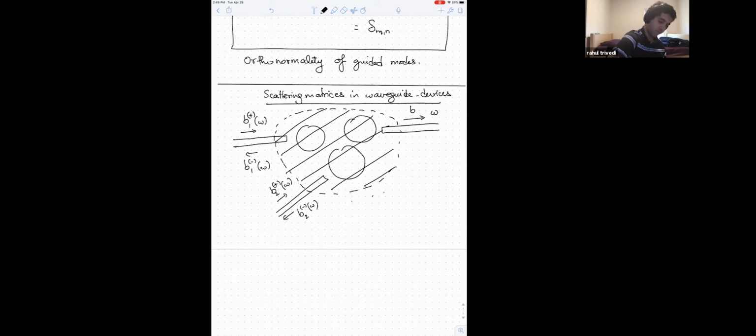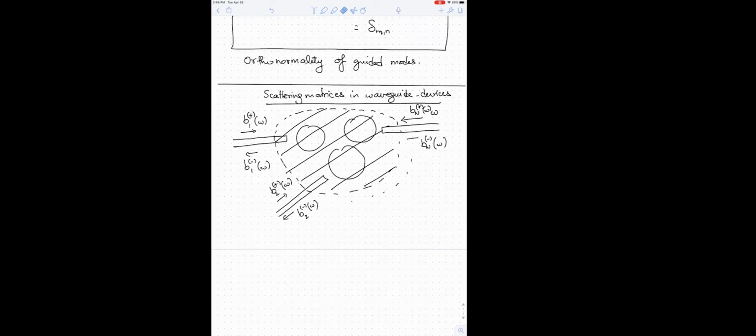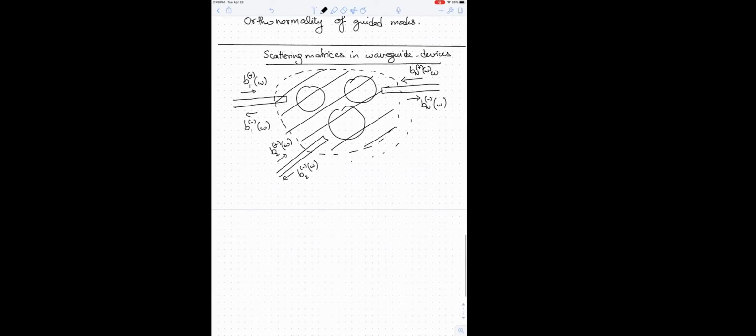And let's say you have a total of n ports, so to speak. Here, forward propagating waves are modes that are going towards the device, and backward propagating waves are modes that are coming outside the device.